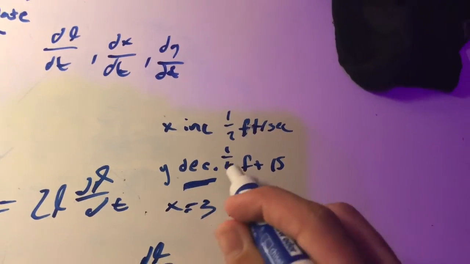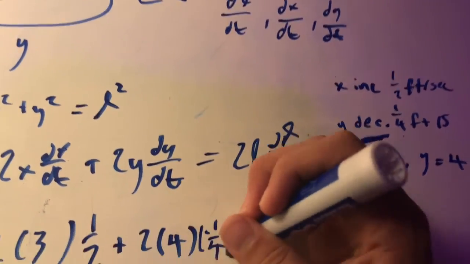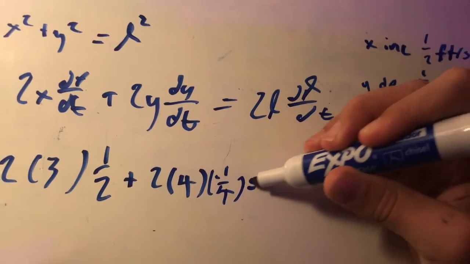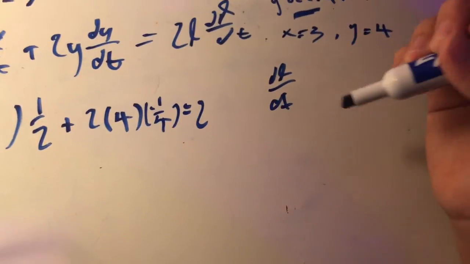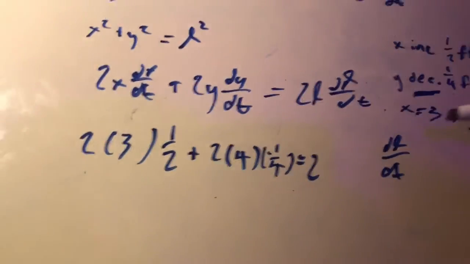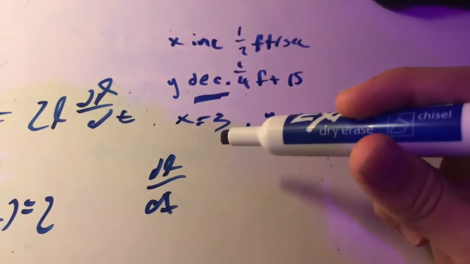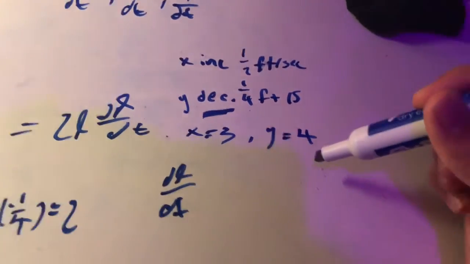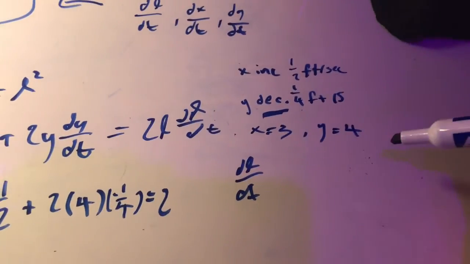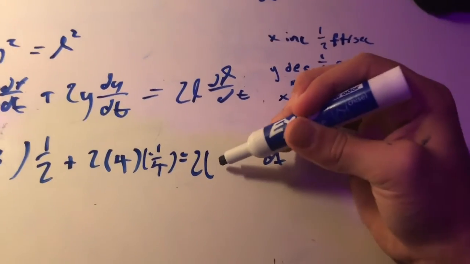Notice that decreasing. It's going to be negative 1/4 times negative 1/4 right there equals 2 times the length of the diagonal. So we're actually going to have to figure out the length of the diagonal. Luckily, we already know that x is 3 and y is 4, so that's just going to be a 3, 4, 5 right triangle. So L is going to be 5.